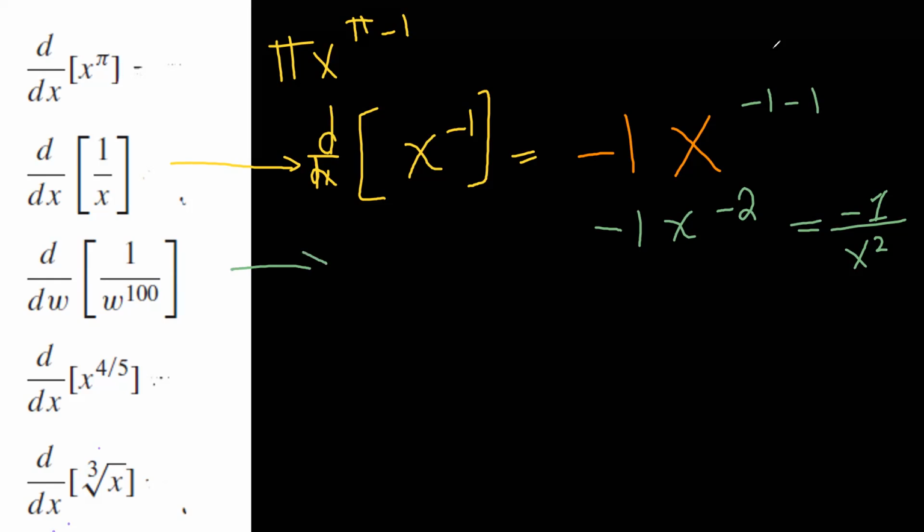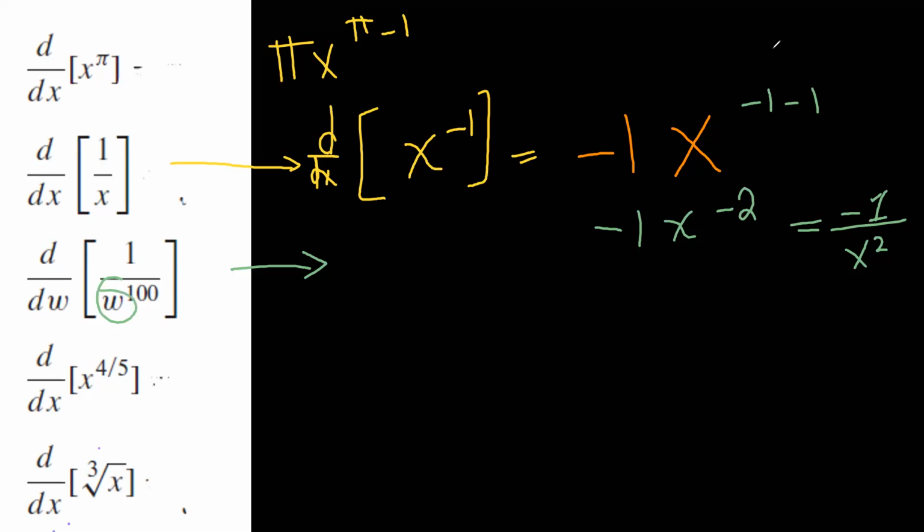Now, I want Dareen. Where's Dareen? Yes, teacher. Look here, Dareen. Here I have 1 over w, not 1 over x. Because of that, I will say d over dw, because the variable here is w.